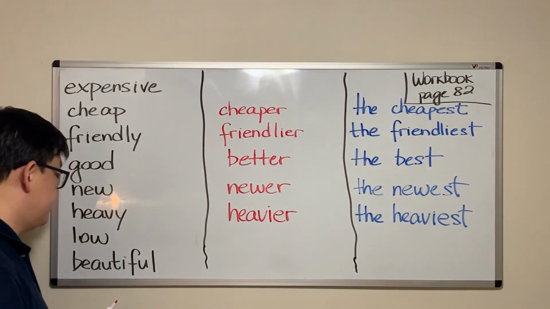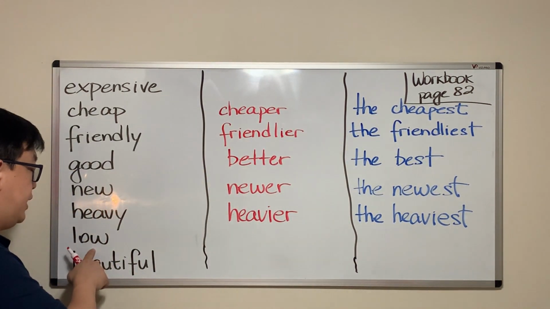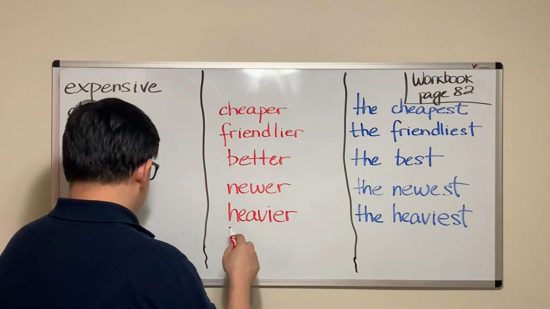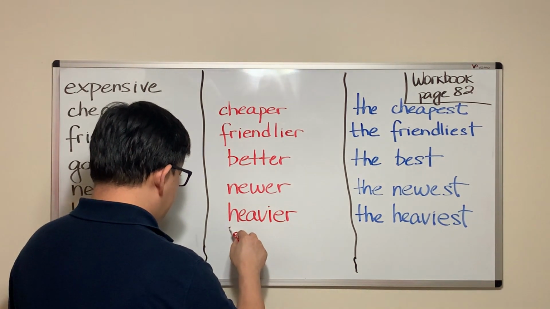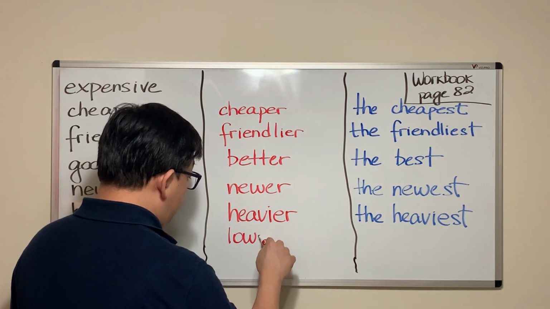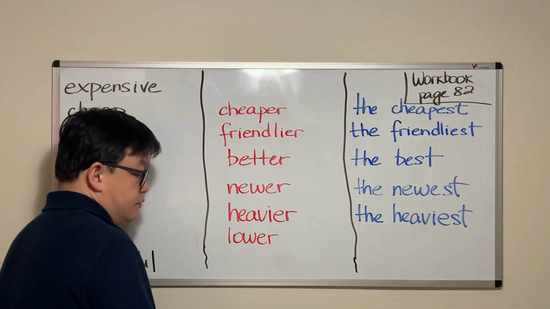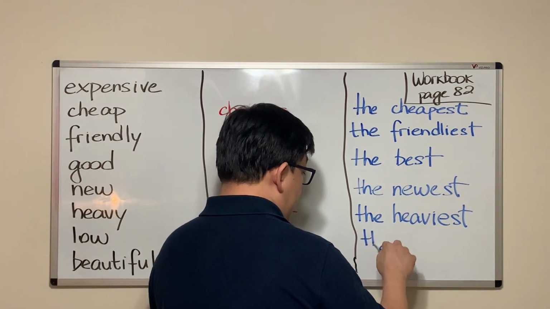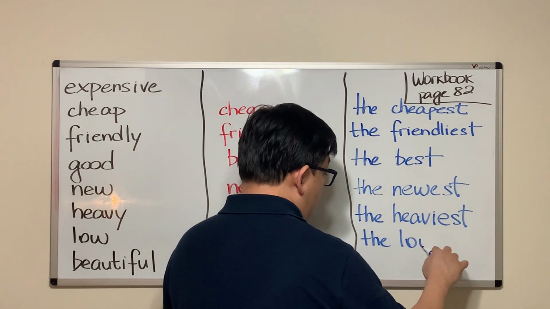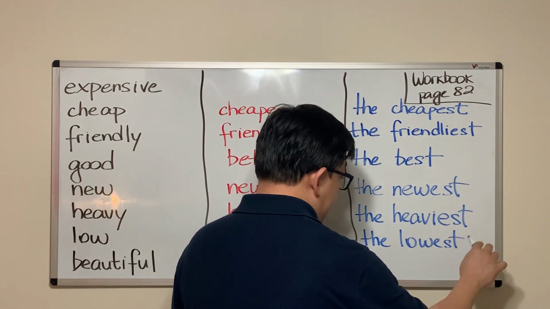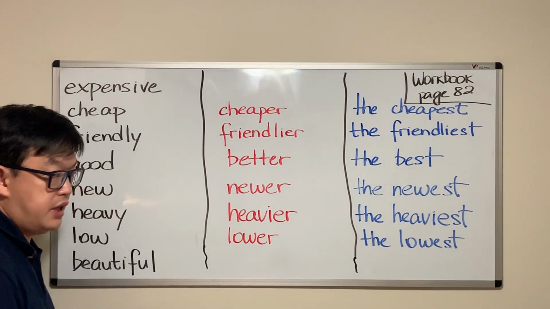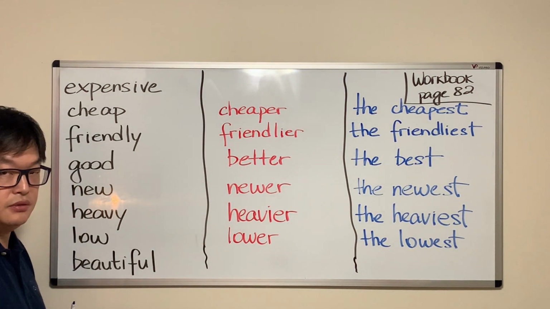Okay? Low, again, three-letter word, but it's a W. W never doubles. So lower, and superlative, the lowest. Teacher, if I don't put the, is it wrong? Yes, it's wrong. You have to add the.